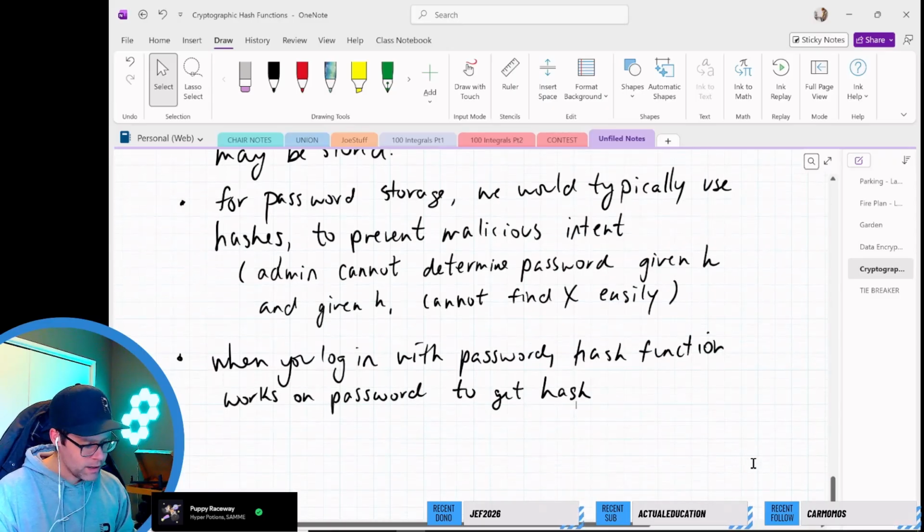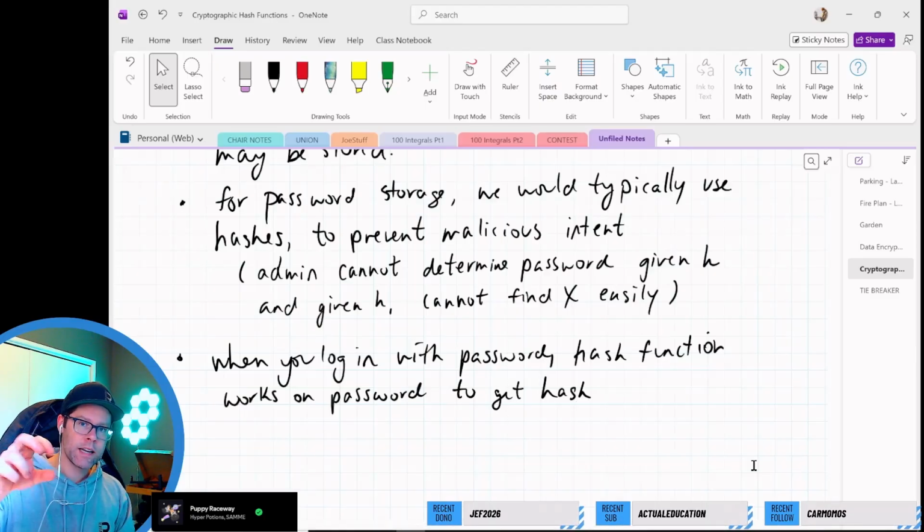What's going to happen then is we're going to use the login ID to go into the database and scan through the rows.